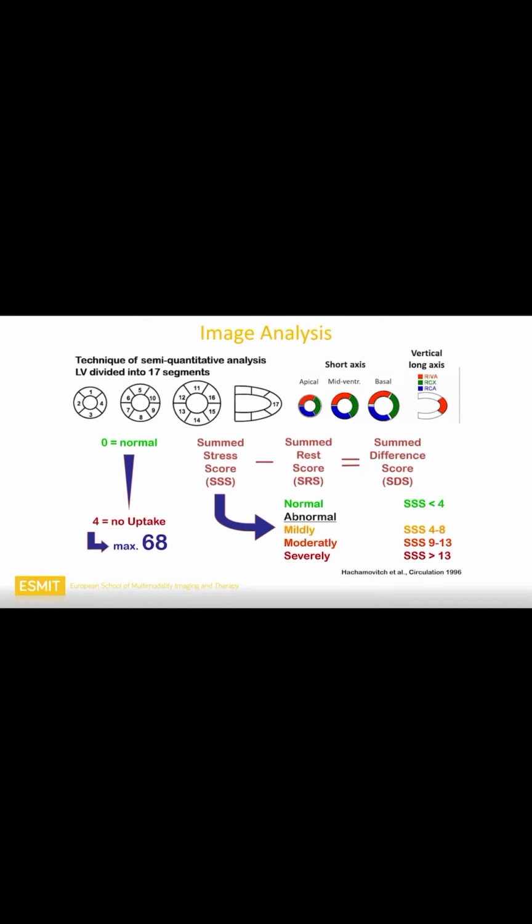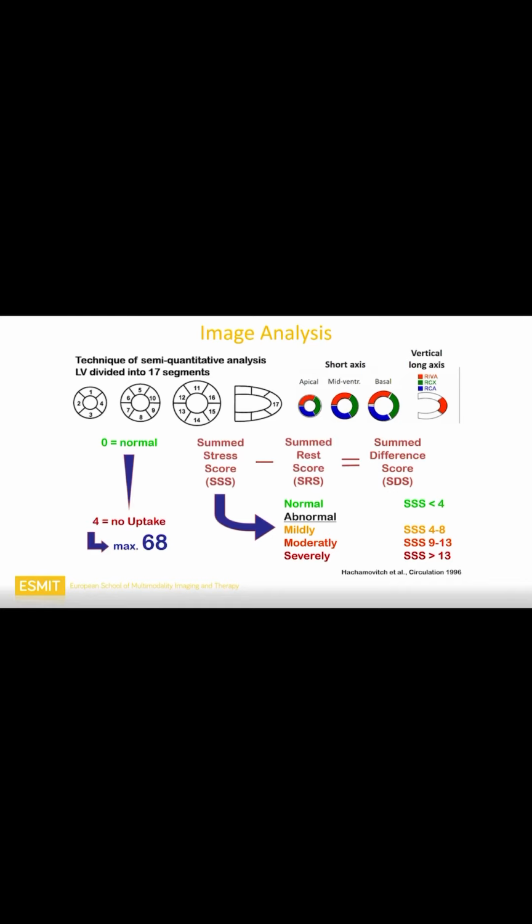Anyway, for the tracer uptake, we can make a score. And this is very helpful sometimes for what we call the summed stress score just after the stress, or the summed rest score just after the rest. And finally, the difference between stress and rest is what we call the summed difference score.